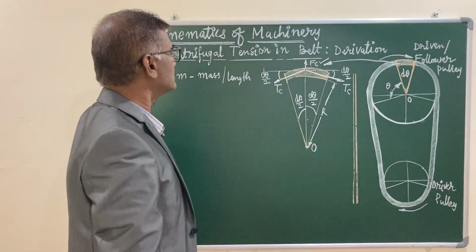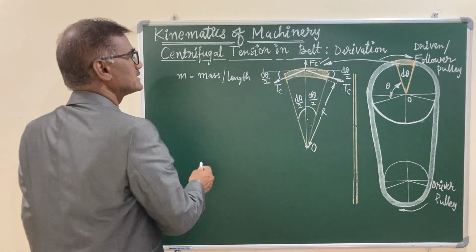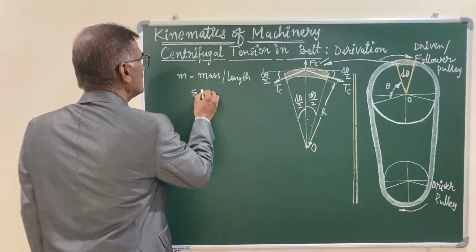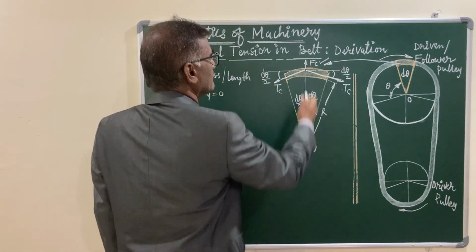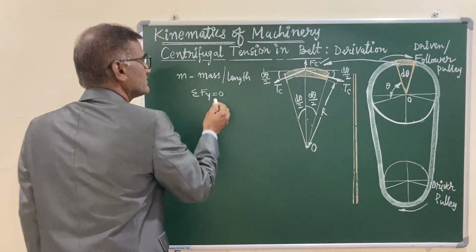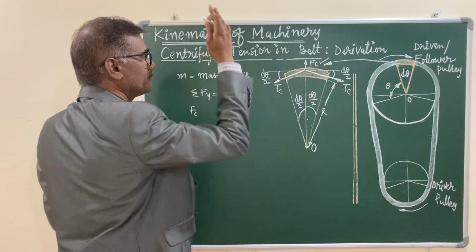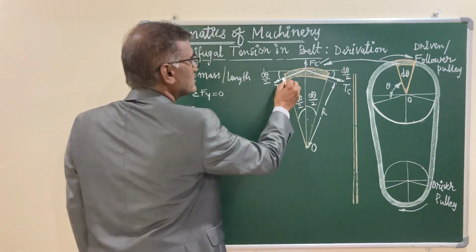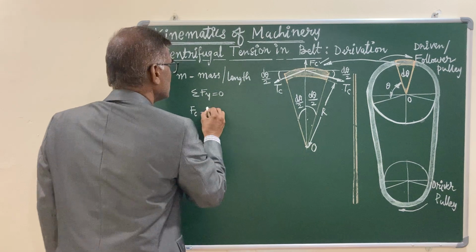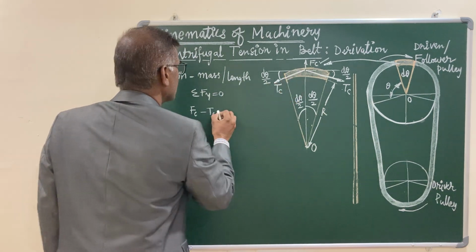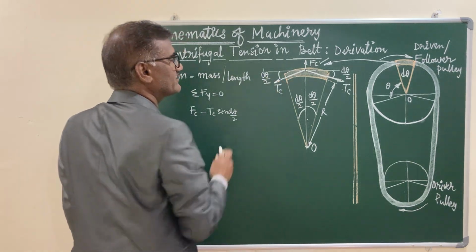Now let us consider equilibrium of this particular element of the belt, and write down sigma Fy is equal to 0, sum of the forces along the vertical direction. So that equation is Fc is positive, which is pointing upwards, and the component of Tc along vertical line is minus Tc sine d theta by 2, which is the left side tensile force.